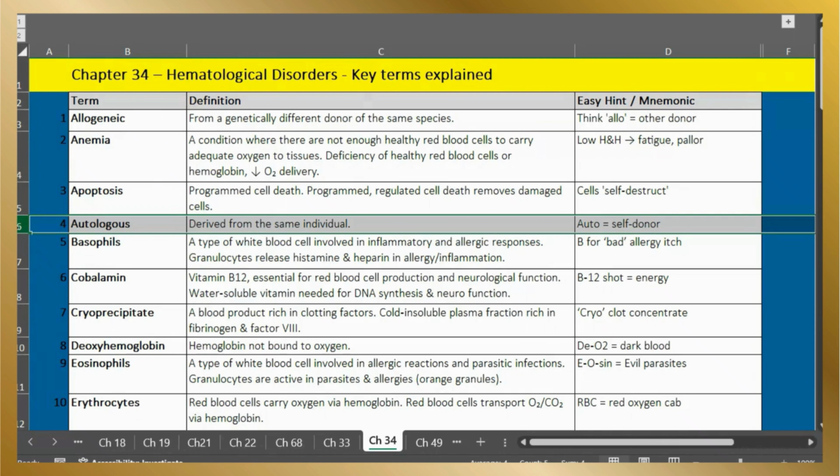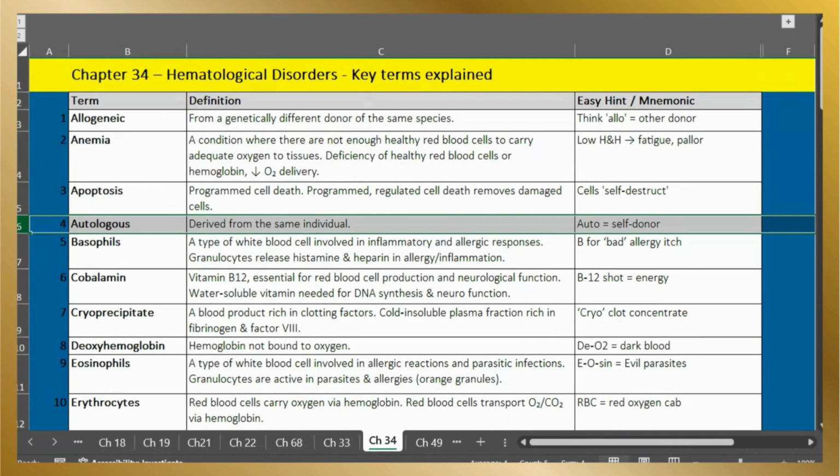Same as in blood transfusion, there are surgeries where the patient will donate their own healthy blood beforehand, and then in case of a surgery with a lot of blood loss, the transfusion is of their own blood, just to minimize the rejection risk when it's about blood.